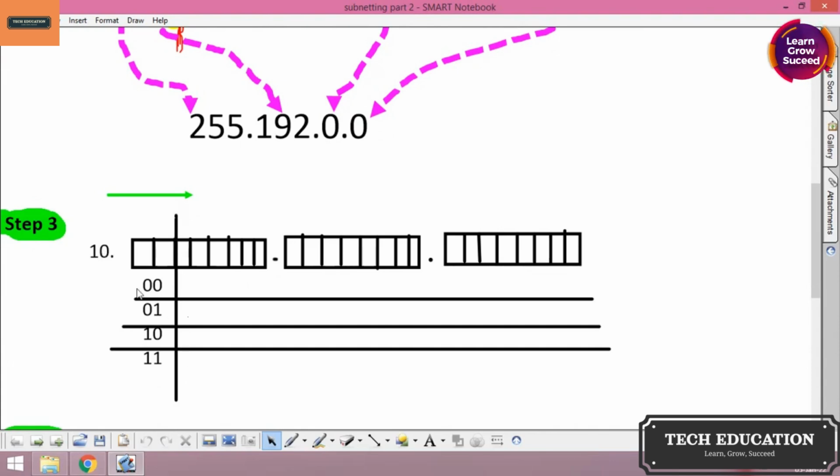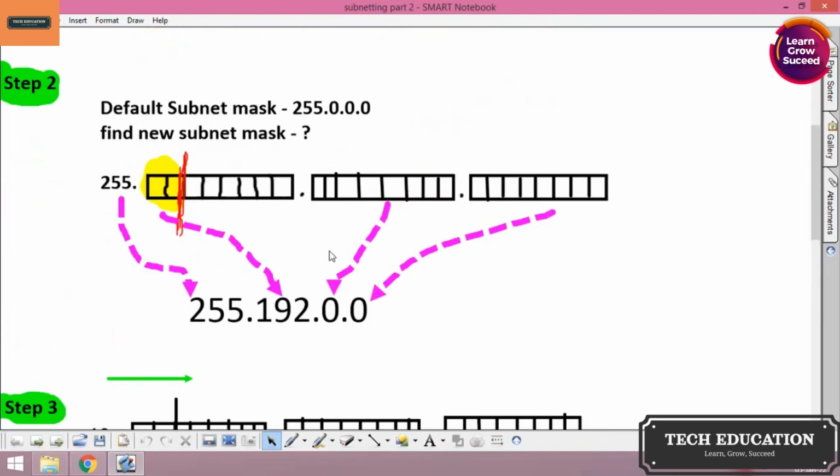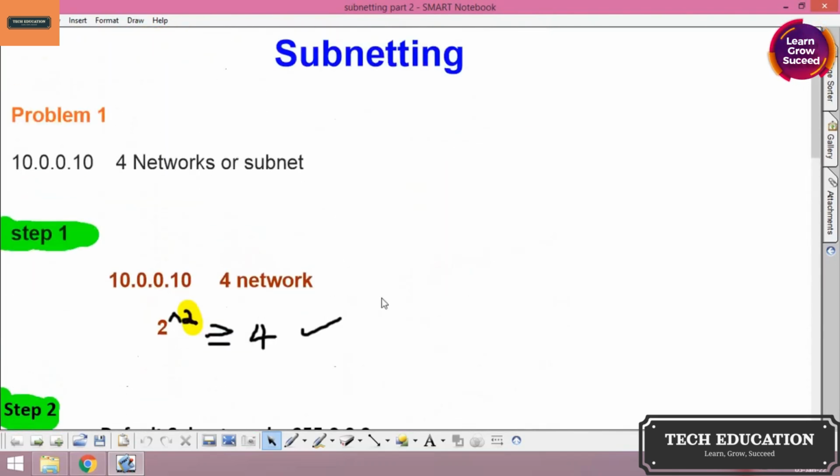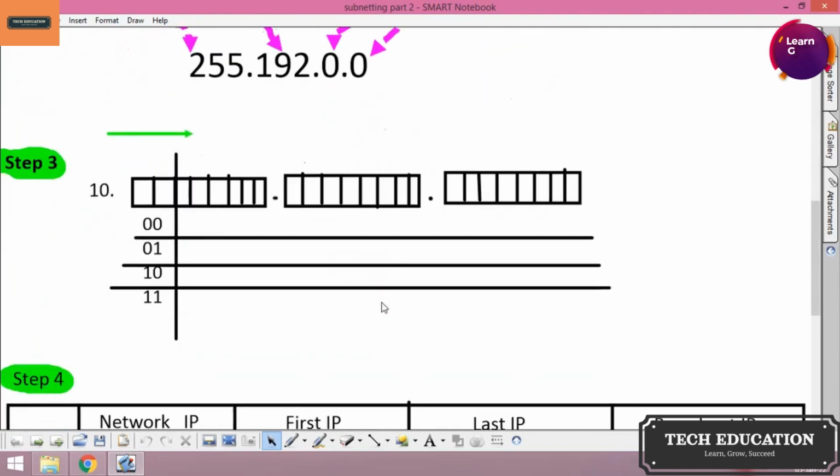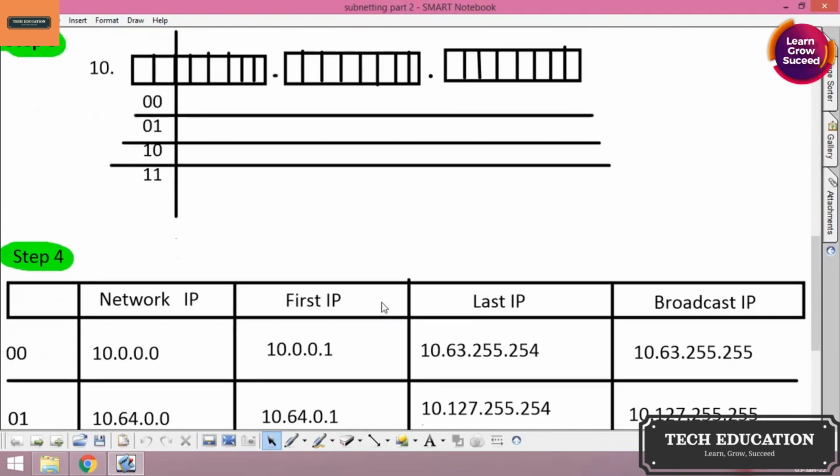With 2 bits there are 4 combinations: 00, 01, 10, 11. So we can get 4 subnetworks. Now step 4 is to write the network IP, first IP, last IP and broadcast IP.